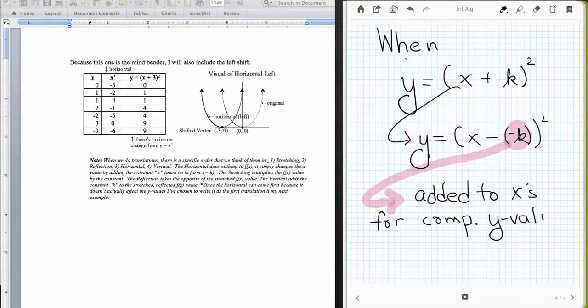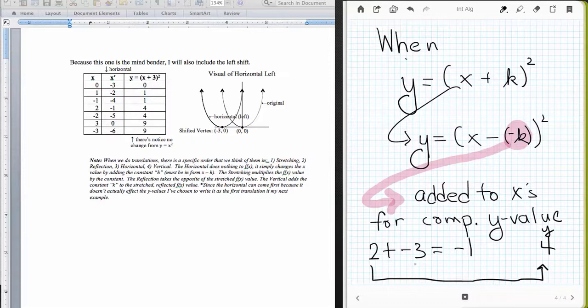So here, when I'm looking at an original x value of 2, I'm going to add to that a -3, and that's going to give me a -1 for the value that originally would have given me a 4. So the 2 would have originally given me a 4.